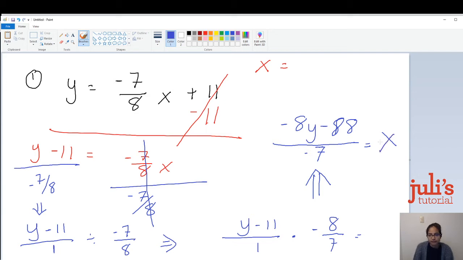That's it. This was 88. Negative 8y minus 88, which you can obviously simplify by taking the 8 out. You could do something like negative 8y minus 11 over 7 equals x. Okay, that's the answer for that.